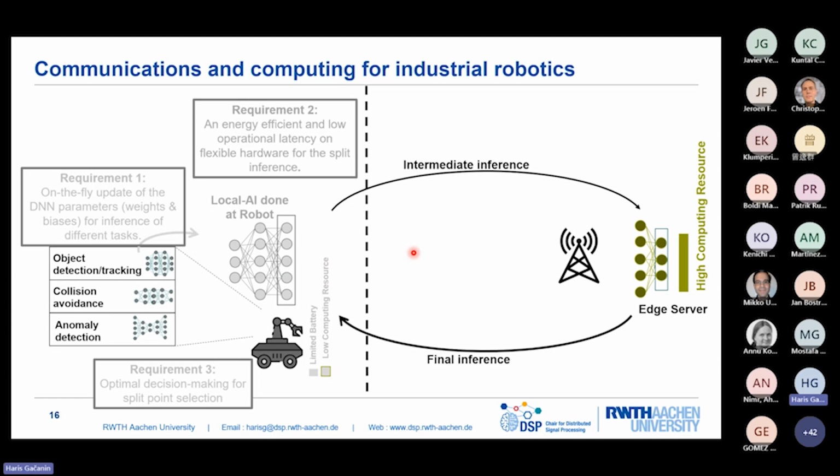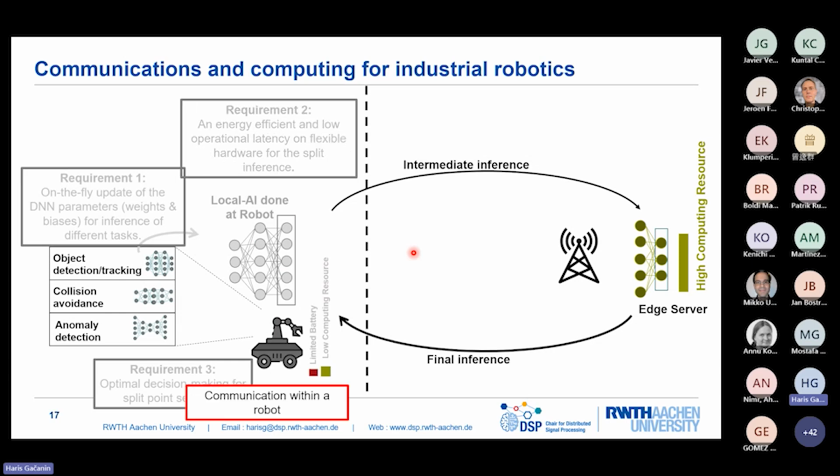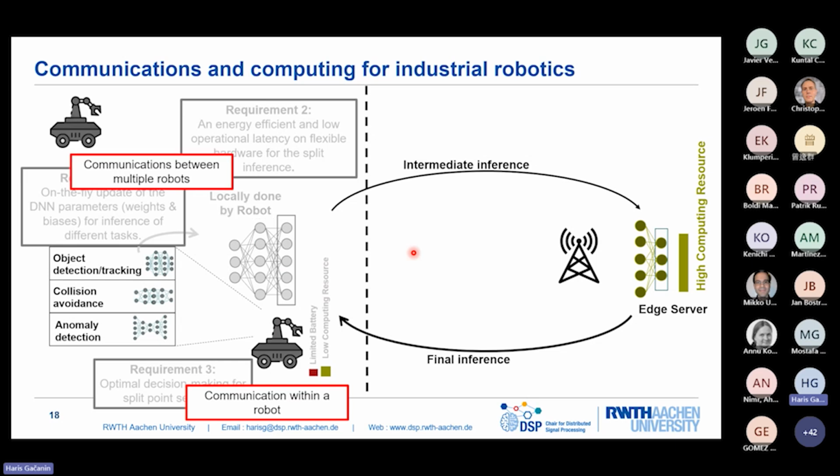Now we are looking into the network part and this edge server, which can support high computing resources. So we have the communication within the robot; the robot itself has communication that needs to happen inside. Then we have the communication between multiple robots. We have the communication between the humans, or let's say the technicians that are on the shop floor, and the robots that are collaborating together.